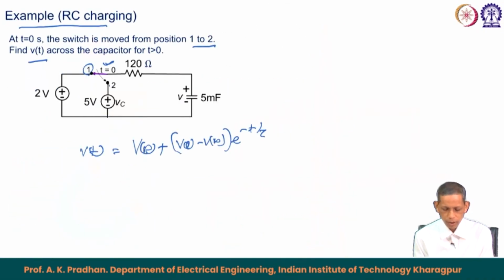As discussed earlier, for the RC circuit also we have two perspectives of the circuit. So first, we will find the corresponding V 0 plus.